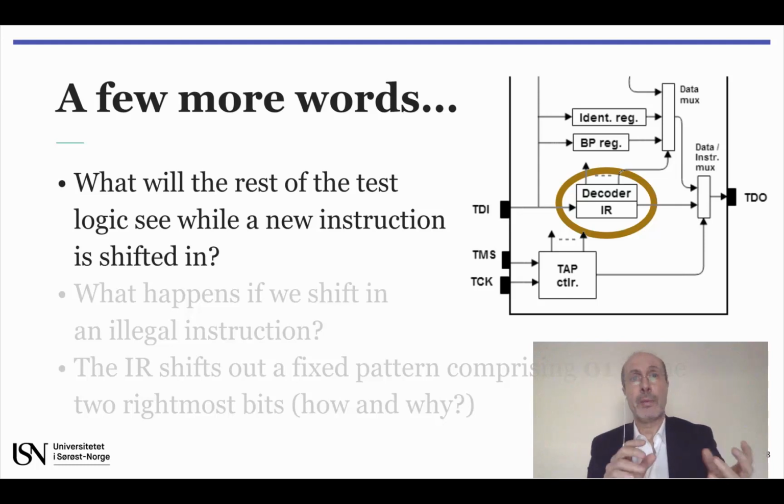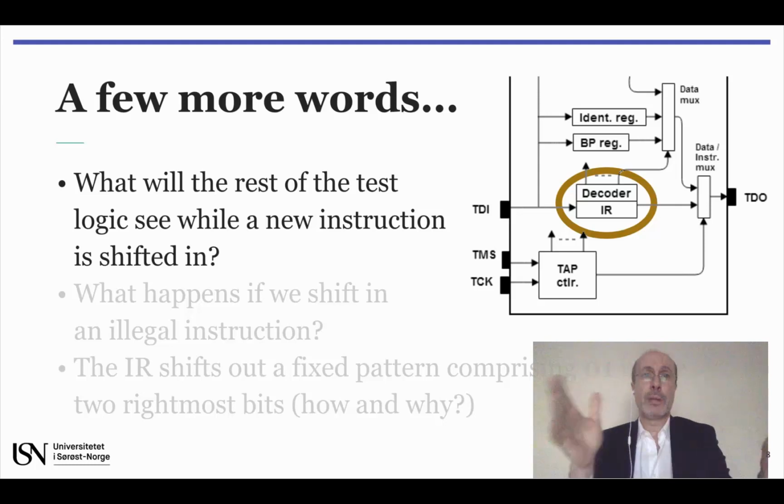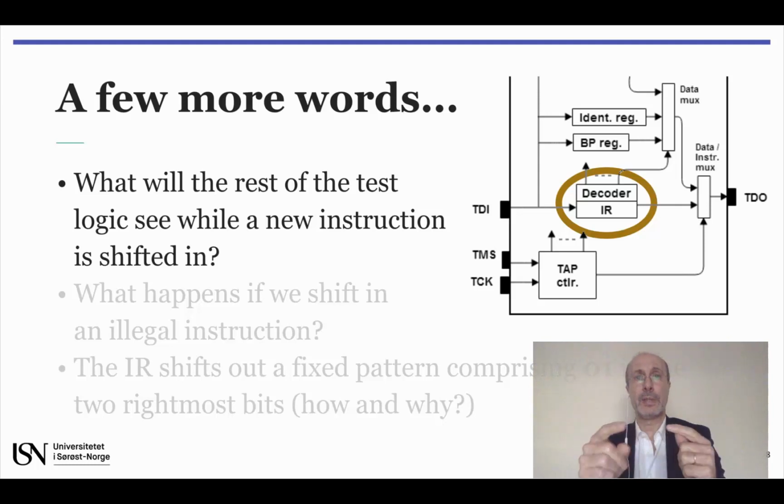The input stage, however, also alternates between capture and shift modes, as we will see. And since we have 2 stages in each instruction register cell, capture/shift and latch, as in the boundary scan cells, the output stage will hold the code of the previous instruction while a new instruction is being shifted in.